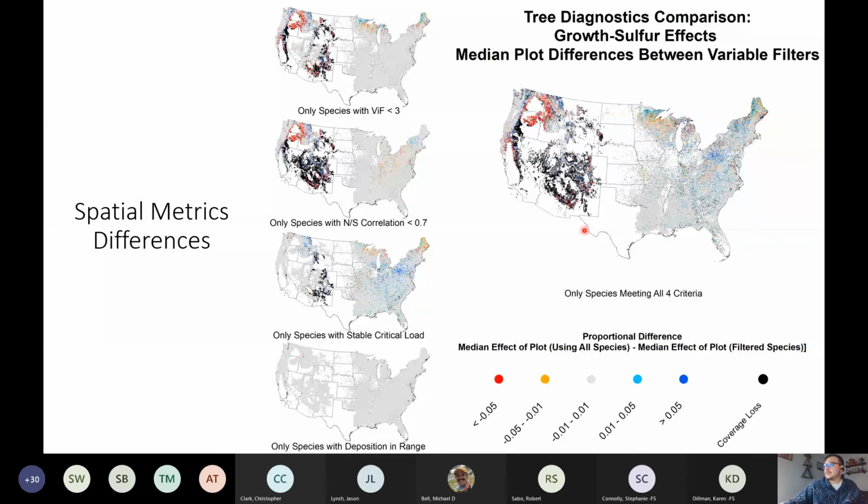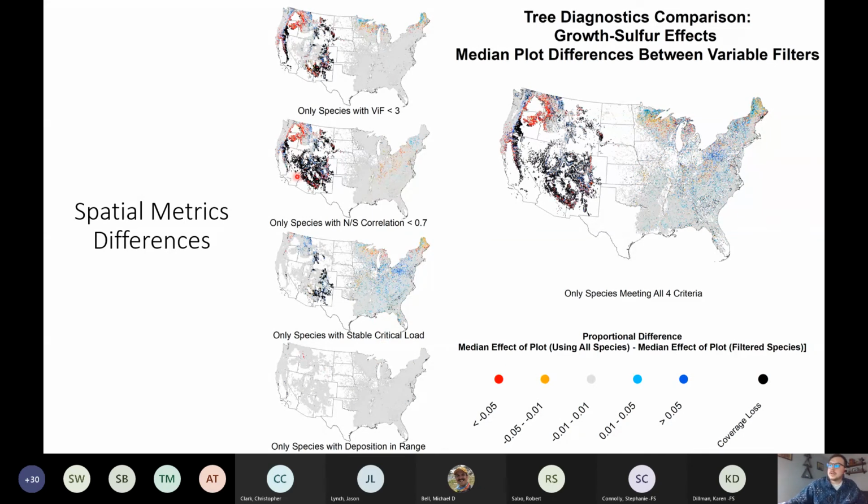So the plot here on the right is the species that meet all 4 of the criteria on the left. So you can see here we've only included species that have VIFs lower than 3, only species with NS correlations below 0.7, only species with stable critical loads, and another metric down here that I'm not going to get too far into.